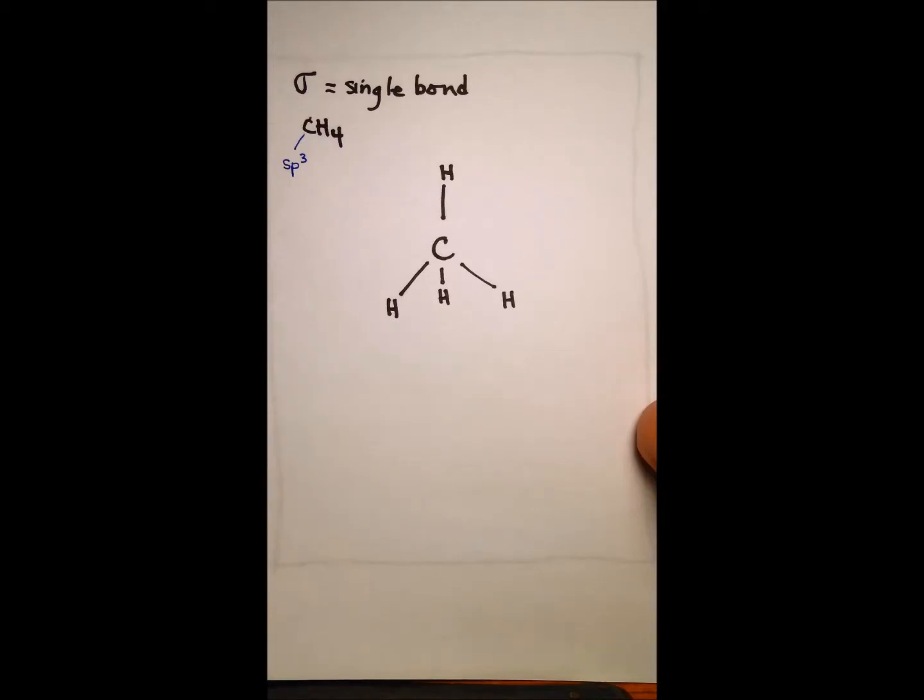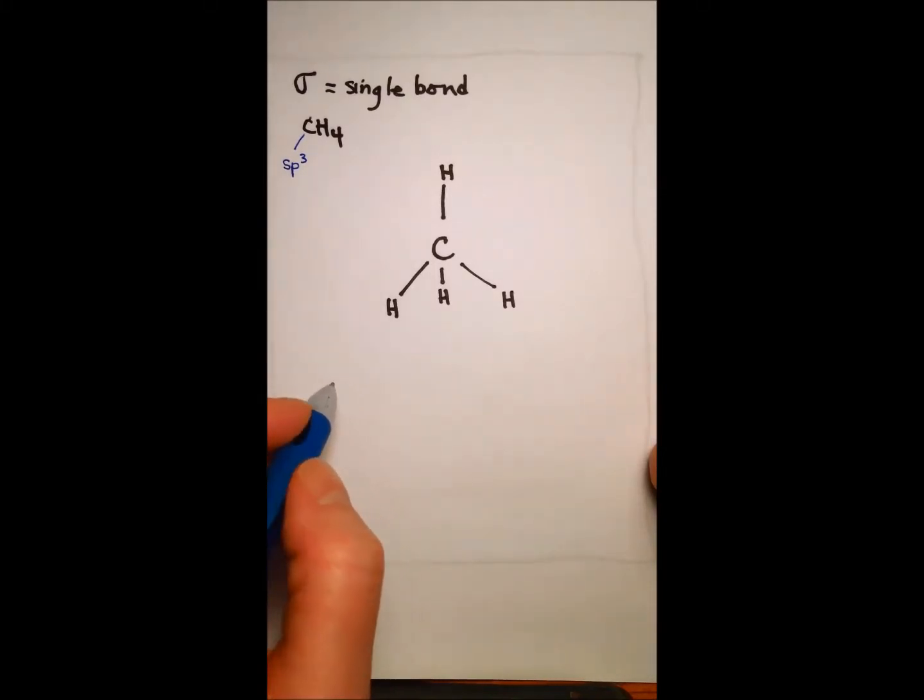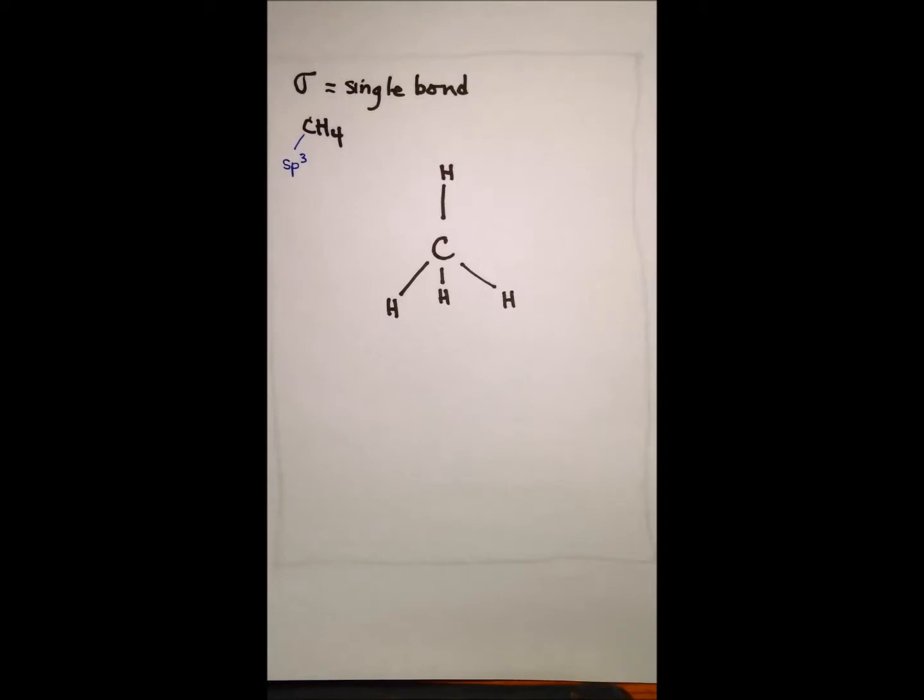It needs a hybrid orbital for each group, for each single bond pair of electrons, and so it is using 1 s and 3 p's. If I look at the electron configuration of carbon from the periodic table, I can see its valence electrons. We'll just grab the periodic table here to remind us.